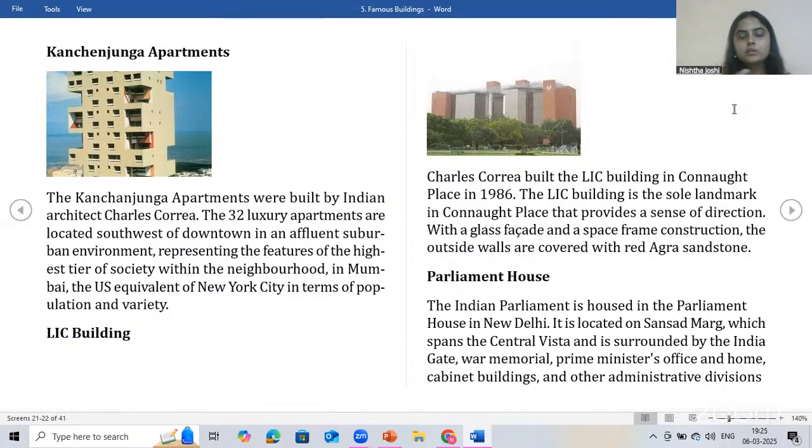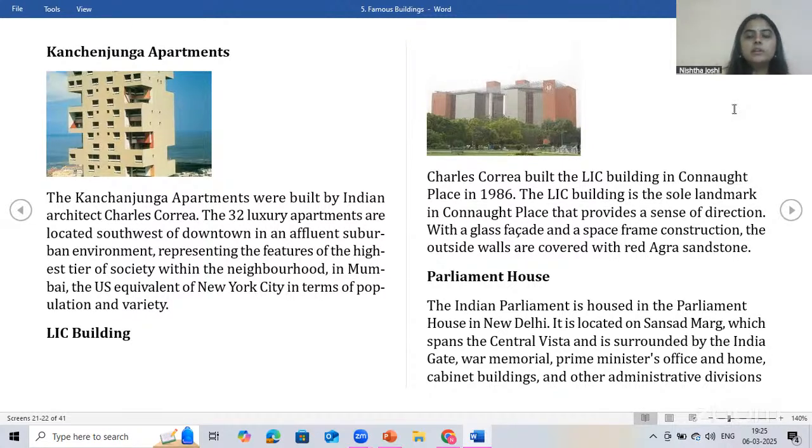It is present almost at the center of Connaught Place, and it has a glass facade and space frame construction. The outside walls are covered with Agra sandstone. So you can see that a mix of traditional and new age materials have been used to design and construct this building by Charles Correa.